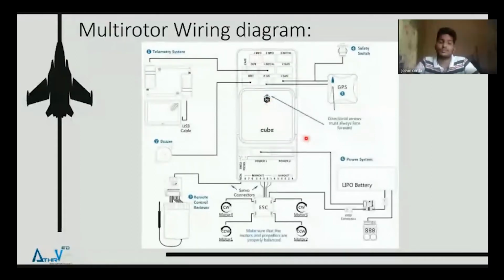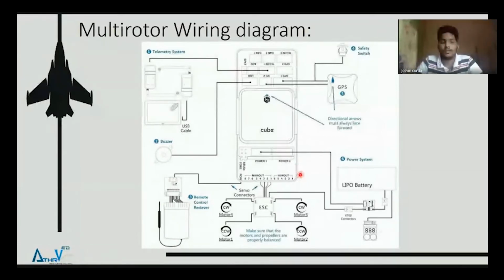This is because the flight controller will take that front as a reference and will output the signals for each of the ESCs. And these flight controllers, usually most of them are soft mounted.